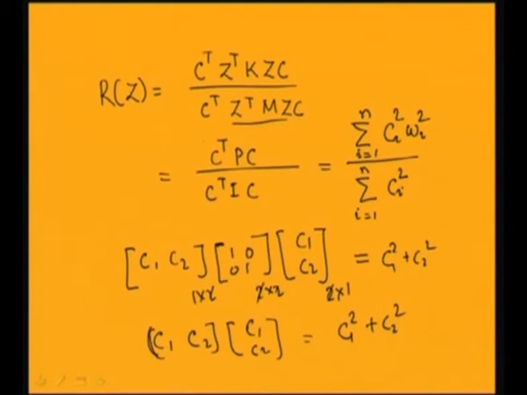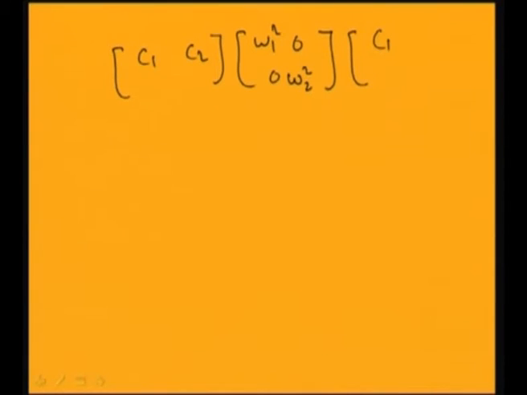Similarly, in the upper part you have a diagonal matrix. This is equal to C1 C2 multiplied by omega 1 square 0 0 omega 2 square, and let me multiply it by C1 C2. These are the coefficients of the z we have taken. The z vector we have written in terms of z1 C1 plus z2 C2.